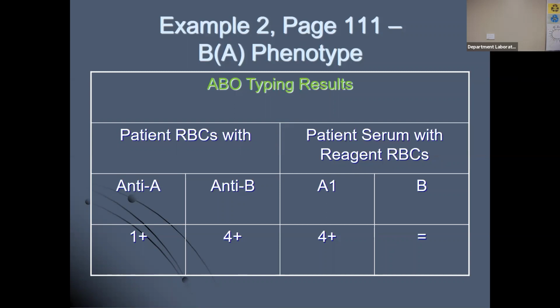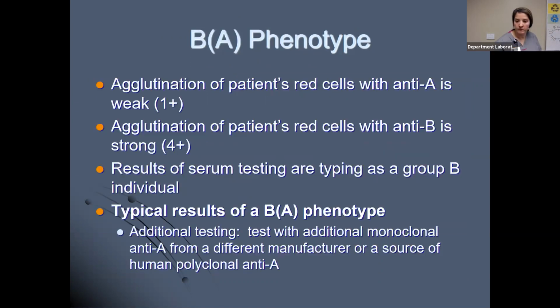Okay? And so this is what we call the BA phenotype. So this patient is actually B, but we're picking up a little bit of the A sugar, the N-acetylgalactosamine. We're picking up a little bit over there, and that's because that reagent is so sensitive. So if you were using a high protein reagent, you could try a different reagent.